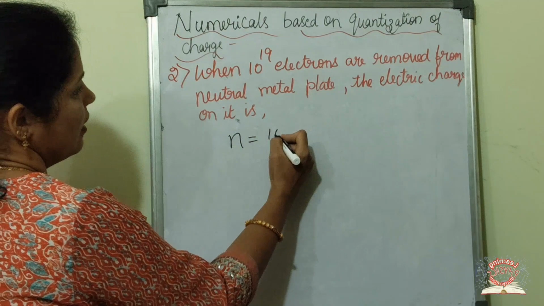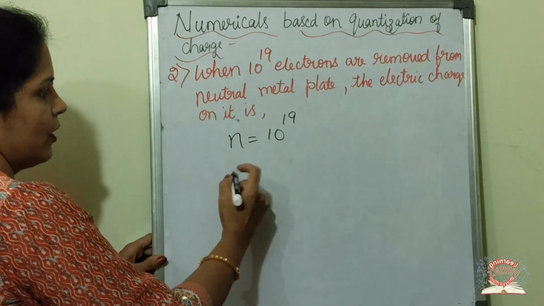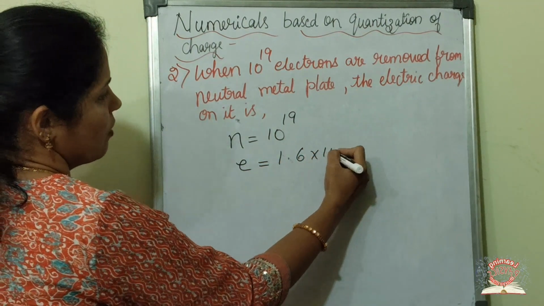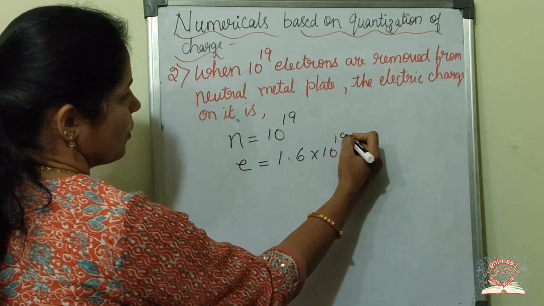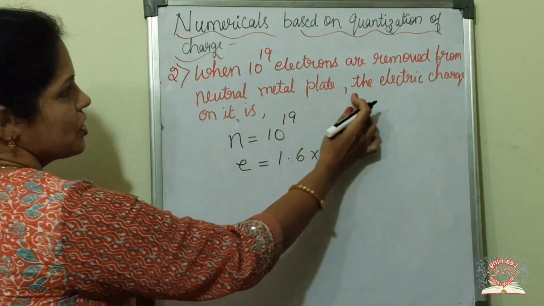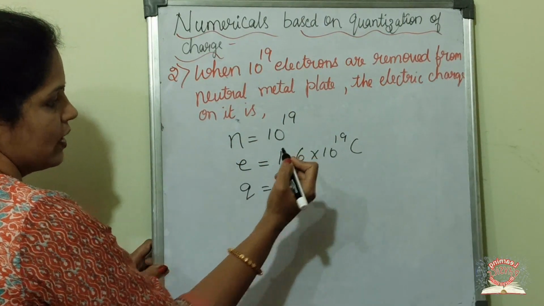Here it is given that N is 10 power 19. Number of electrons removed is 10 power 19. And we know that the charge of each electron is 1.6 into 10 to the power minus 19 coulomb. Then the question is, what is the charge? So Q is equal to Ne according to quantization.